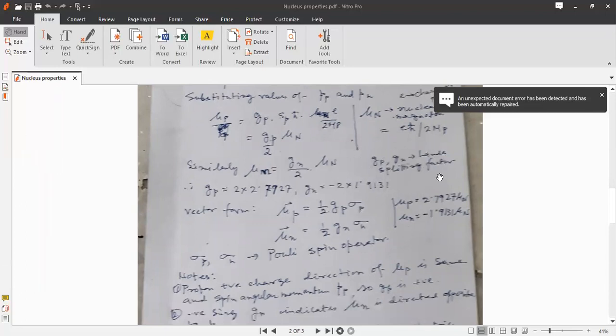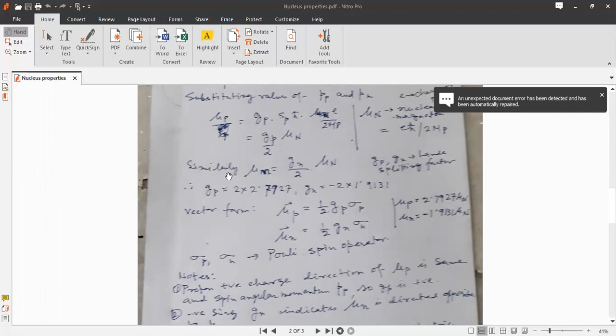If you forget about the Landé splitting factor, please go to the Zeeman effect, particularly the anomalous Zeeman effect. It is related to the L, S and J of the system, which are nothing but the angular momenta of the system. In other words, this represents the energy states of the system. So g_p and g_n, the splitting factors, are very important quantities.